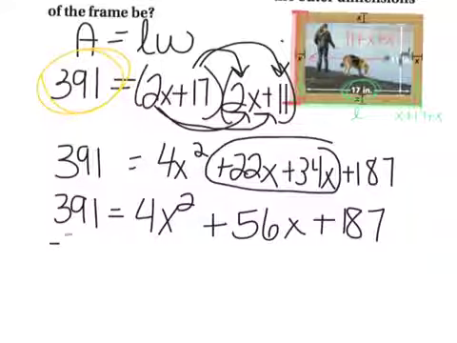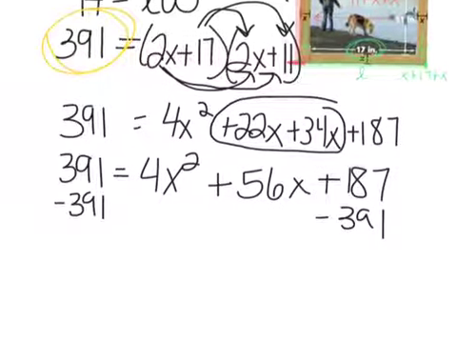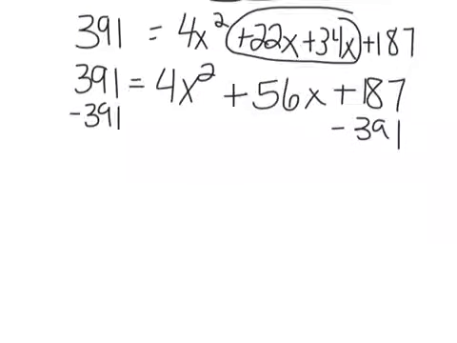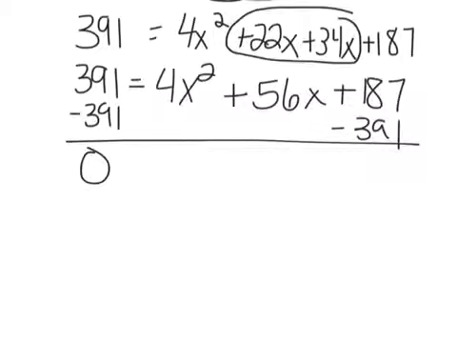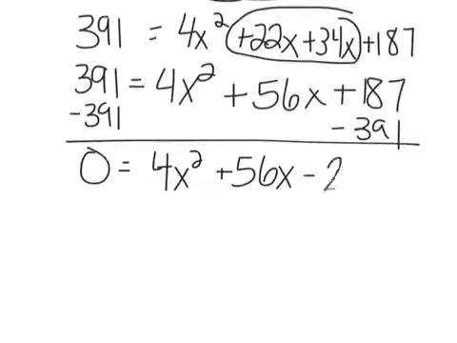So my first step is to subtract that 391 on both sides, getting me an actual quadratic equation of 0 equals 4x squared plus 56x minus 204.